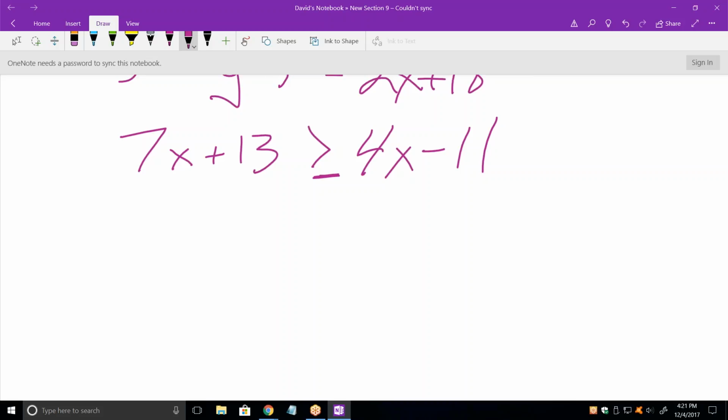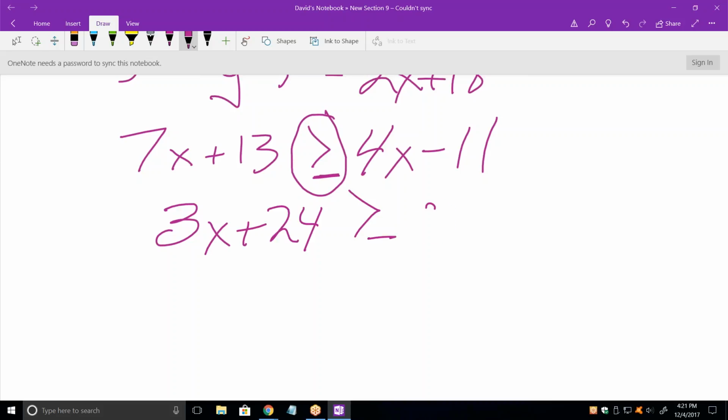So go ahead and solve it like an equation, only leave that sign the same at each step. So subtract 4x and add 11. Okay, so now I got 3x plus 24 is greater than or equal to 0.